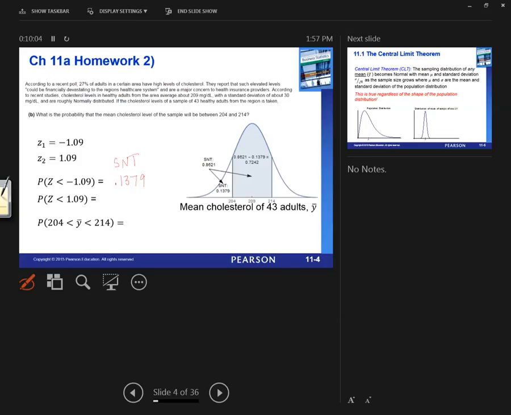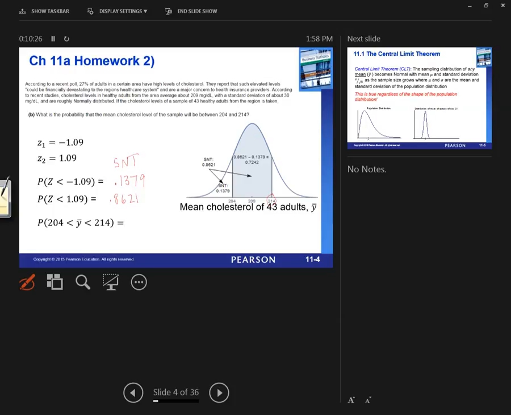Then I look up the positive 1.09, and that is 0.8621. Again, from the standard normal table. Well, the positive 1.09 was the z-score for this guy. So the 0.8621 is all the area to the left of 214, which includes this white area and this shaded area together.